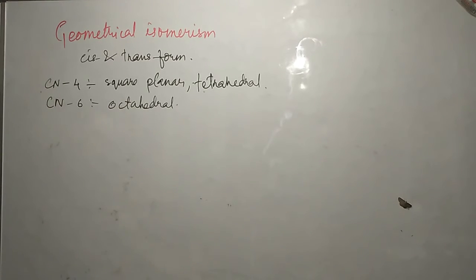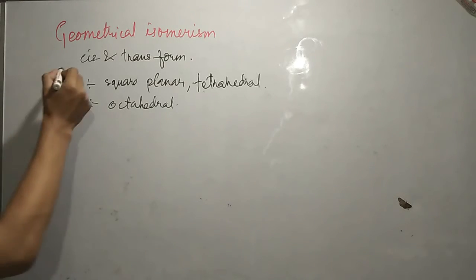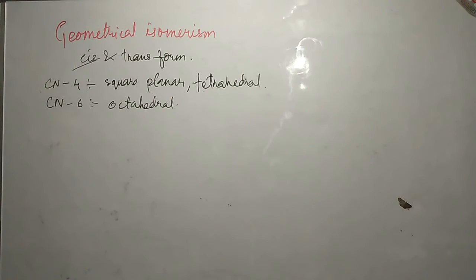Stereoisomerism. The first one we have is geometrical isomerism. Here the ligands occupy different positions. Like ligands can be adjacent to each other, which we call the cis form, or if the ligands are opposite to each other, we call it the trans form.